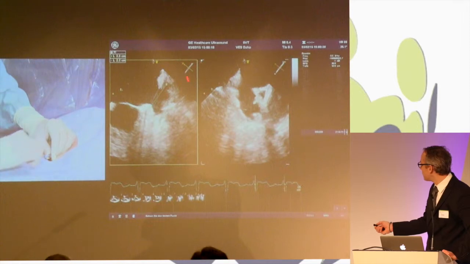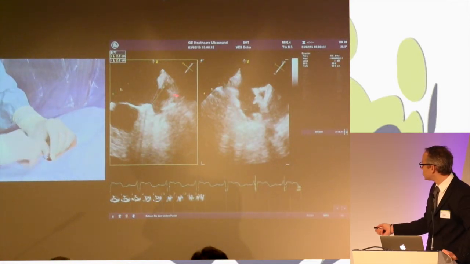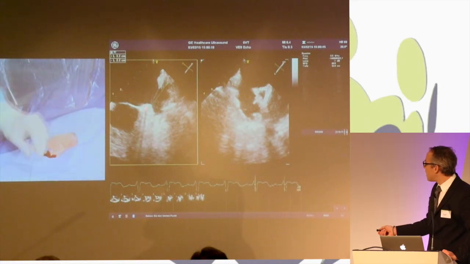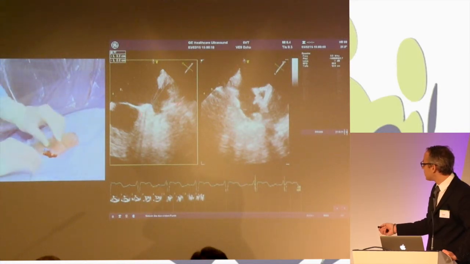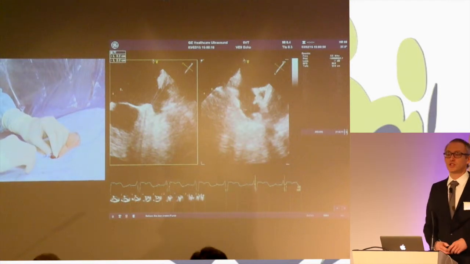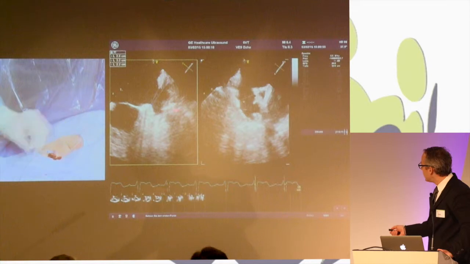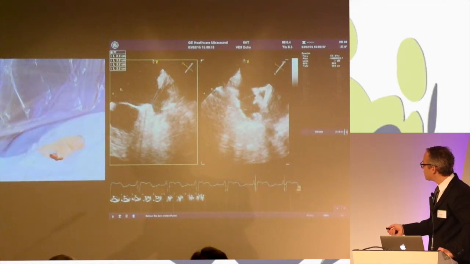We see a 40-degree angulation, we see a 130-degree angulation here, and we are measuring the left atrial appendage at different levels in order to determine the appropriate landing zone. We are giving certain options here. One is quite proximal.